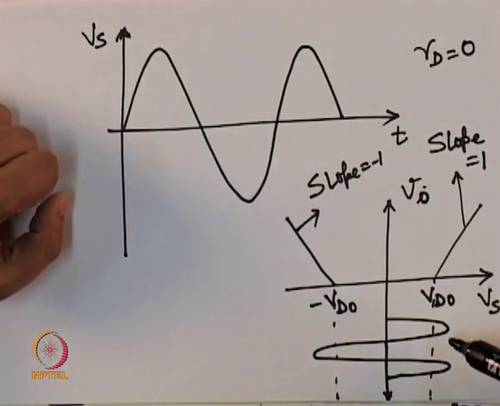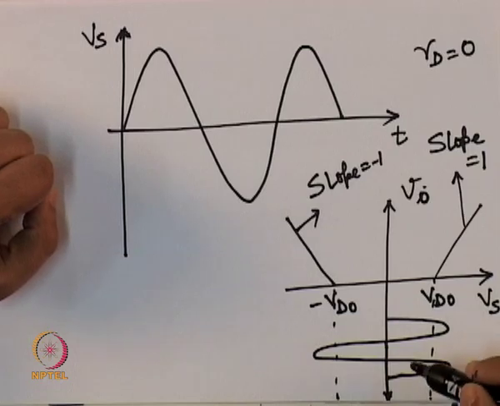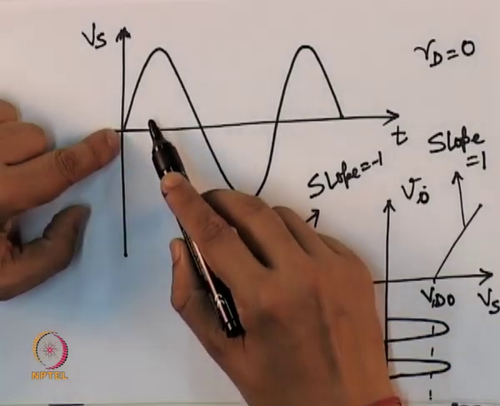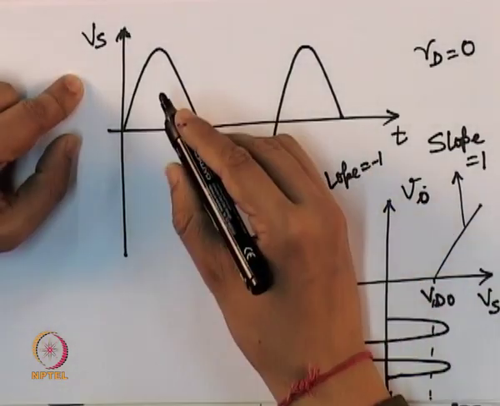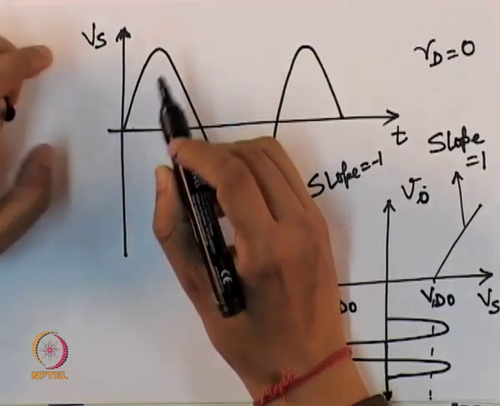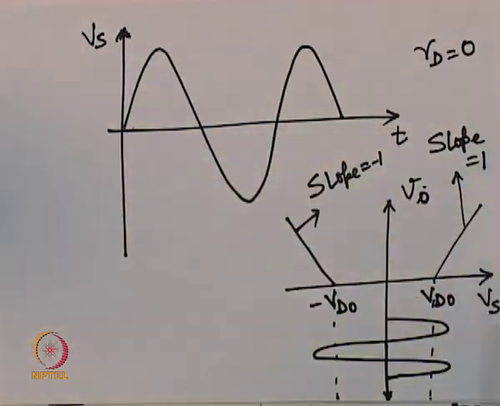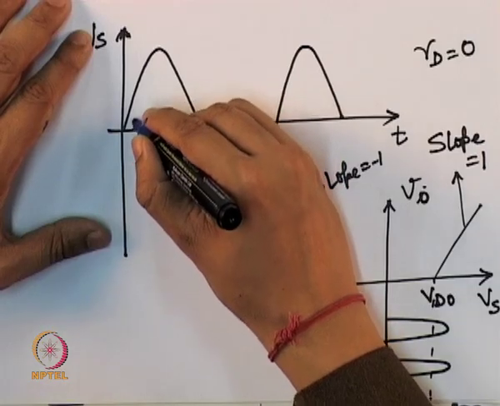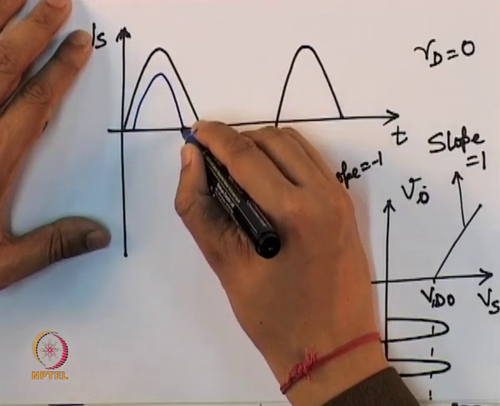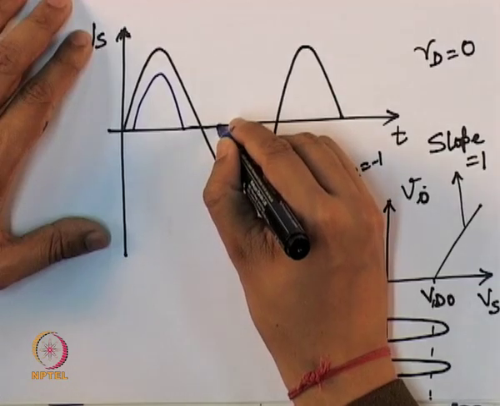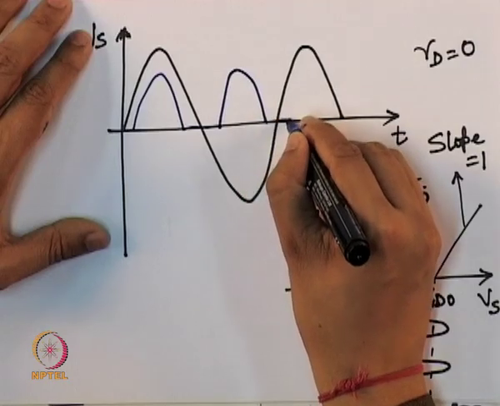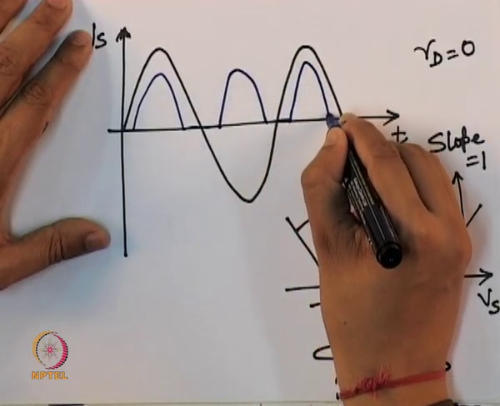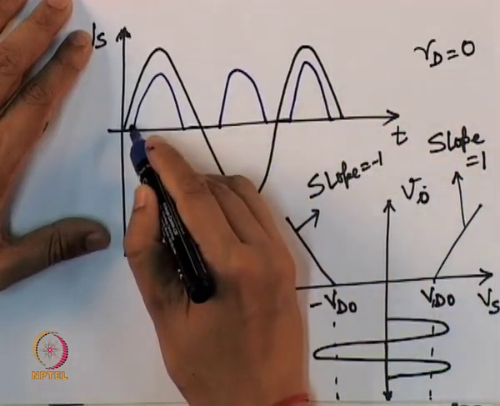So, if this is my Vs, which I have drawn along the y axis, which in this graph is shown along the x axis, then the output that I will get is something like this. Let me use the blue marker. Okay.